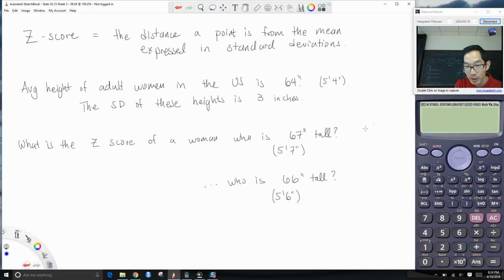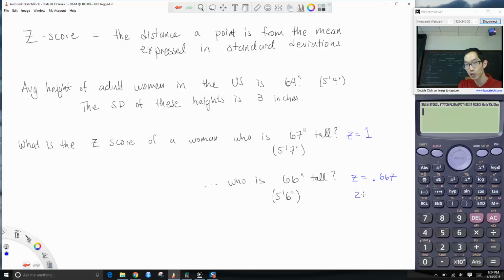So this one is just 1. This woman has a Z-score of 1 because she is 3 inches above the mean, and each standard deviation is 3 inches. So she is exactly 1 standard deviation above the mean, so Z is equal to 1. And this woman's Z-score is not 0.33, but 0.667 or so.